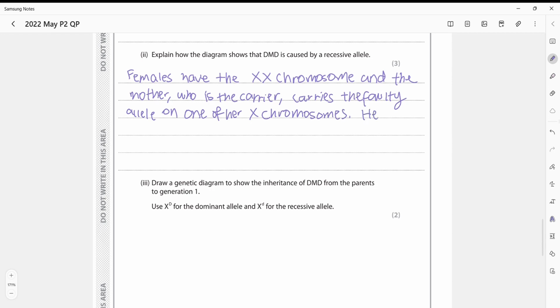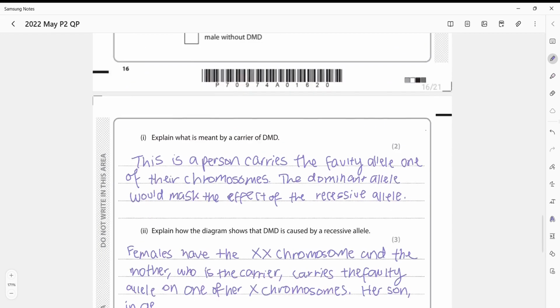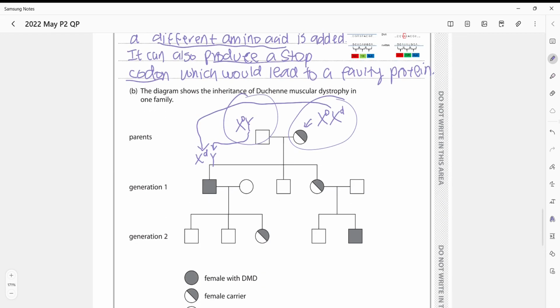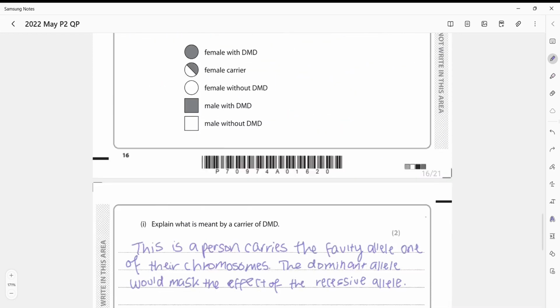Her son, in generation 1, let me just double check that. Yes, the son is in generation 1, right?